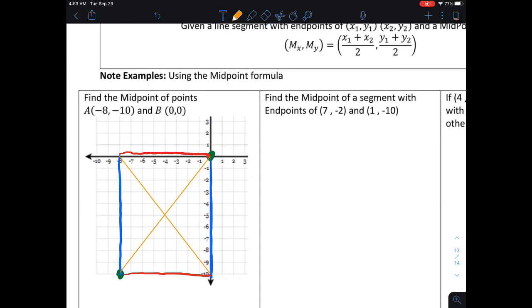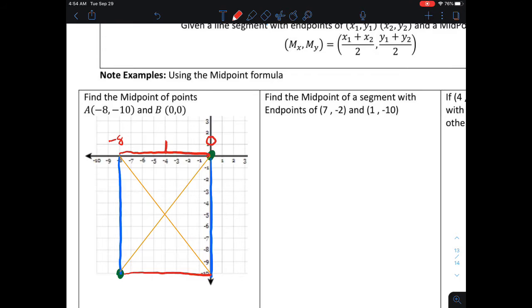What you're going to do is figure out what the middle number is of each leg. So for instance, I started with 0 and I went to -8. So I find the number that's in the middle, which is -4. So -4 is going to be the x value of that coordinate.